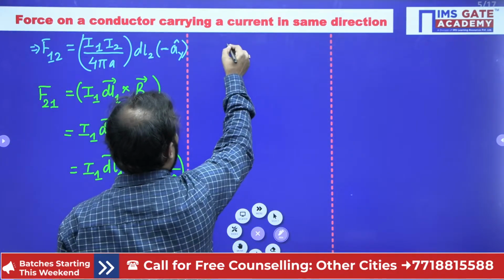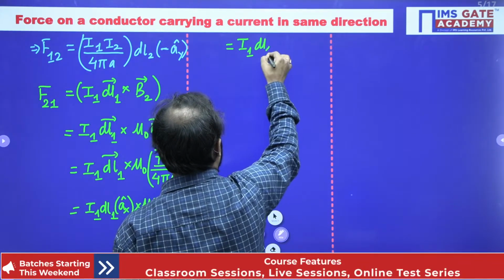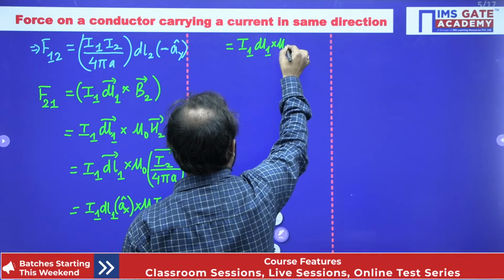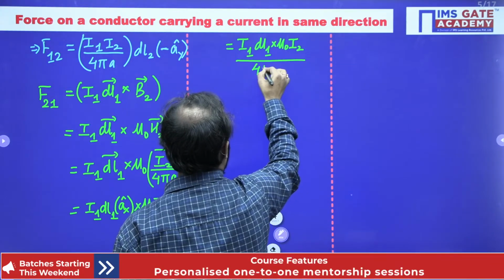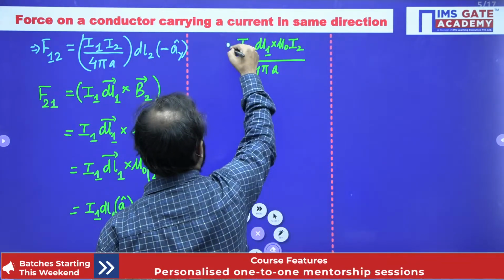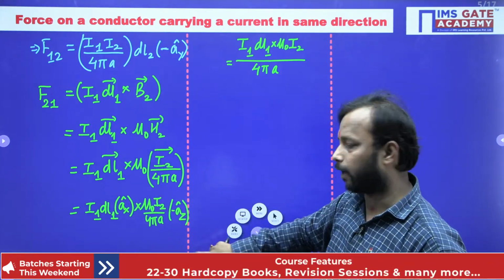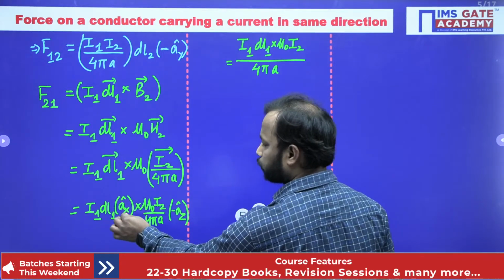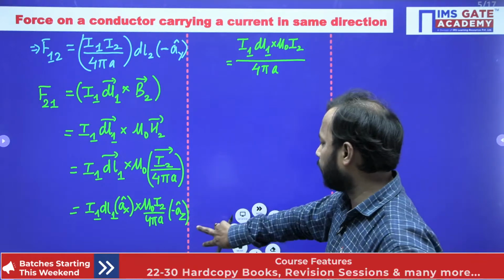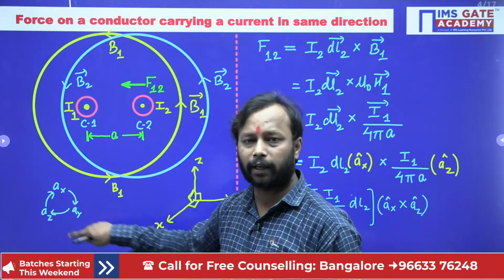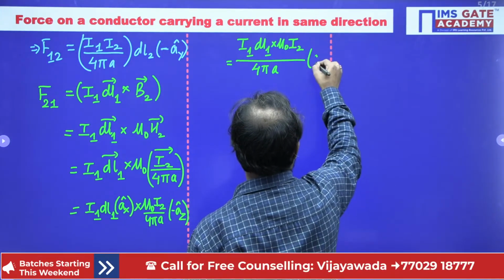So this is equal to I1 del L1 into mu naught I2 upon 4 pi A, AX cross minus AZ. So can I take minus of AX cross AZ? AX cross AZ is minus AY, and due to this negative sign, it will become plus AY.